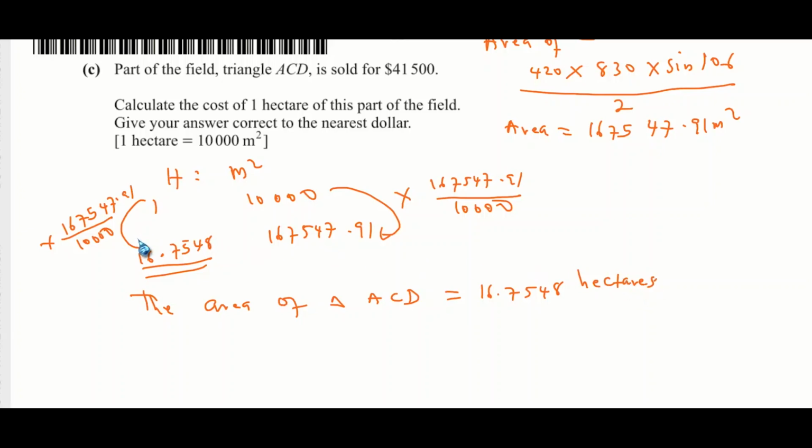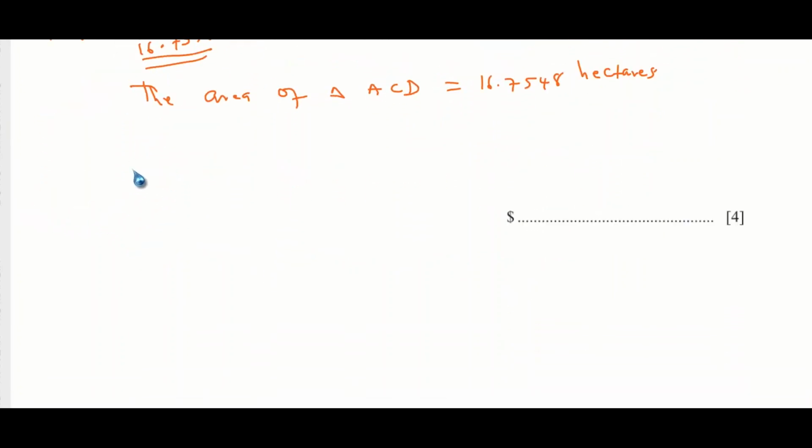Now we can find the cost. We want to calculate the cost of 1 hectare of this part of the field. So 16.7548 hectares of the land, that is ACD, was sold for $41,500.